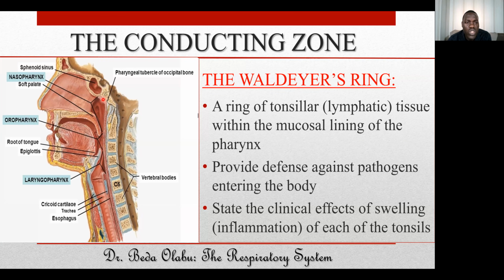So inflammation of the pharyngeal tonsil causes upper airway obstruction. In someone with upper airway obstruction, they will not be able to breathe through their nose. So such a person usually breathes through the mouth. It's a common cause of mouth breathing, and especially in children.